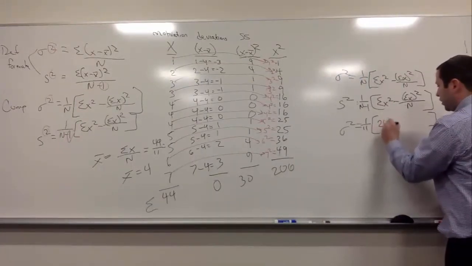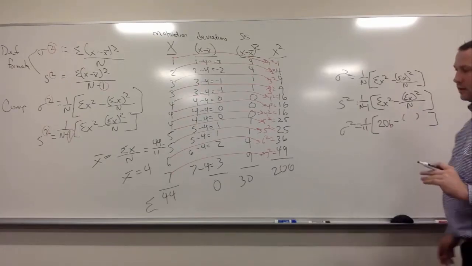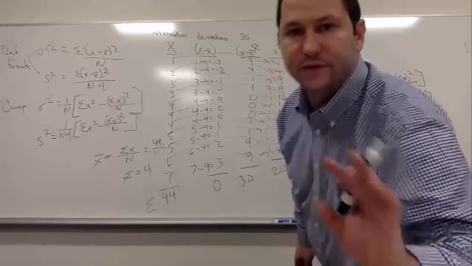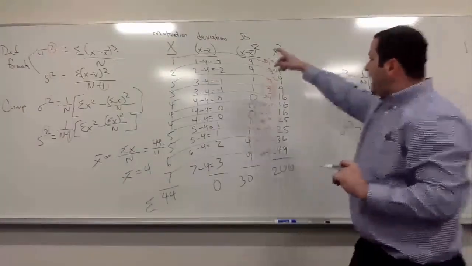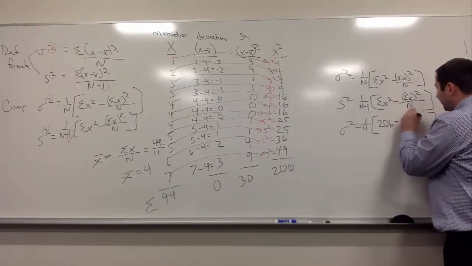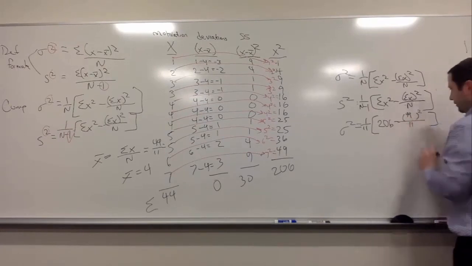So we're going to do 206 minus, what was the sum of the x column? It keeps freezing on me. The sum of the x column was 44, so minus 44 squared over 11.